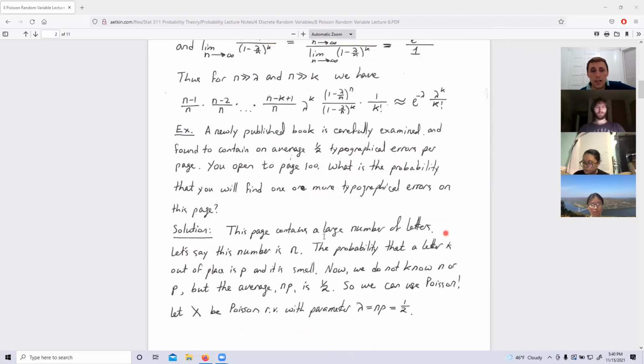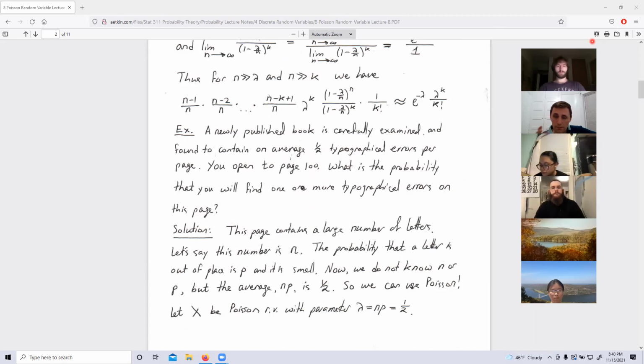So, for instance, the number of errors on a page. We imagine lots of letters, and we imagine each letter might be either correct or incorrect randomly. We can pretend it's binomial, and we might just find on average, just by scanning the document, about one error per 2 pages.